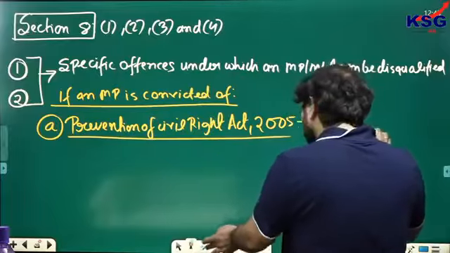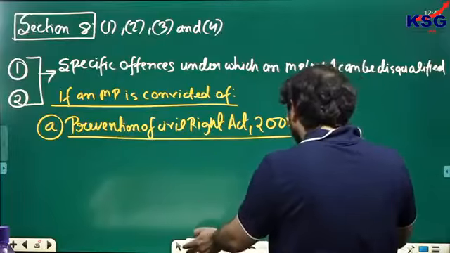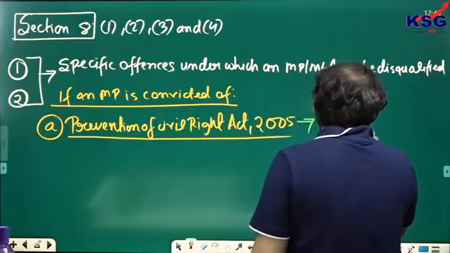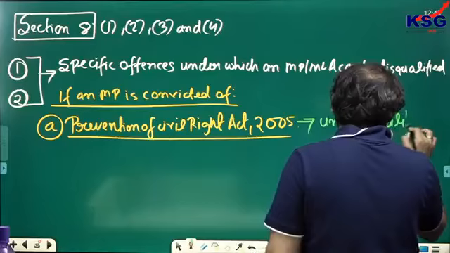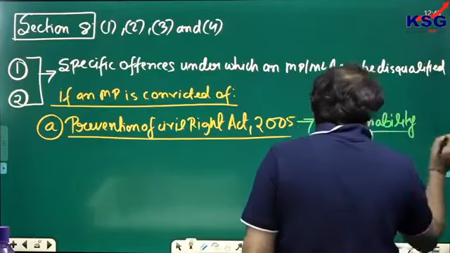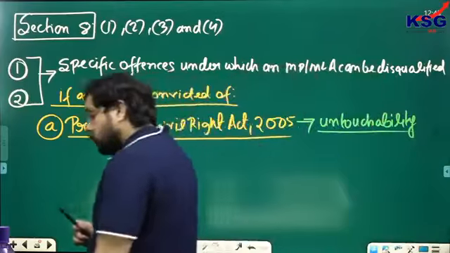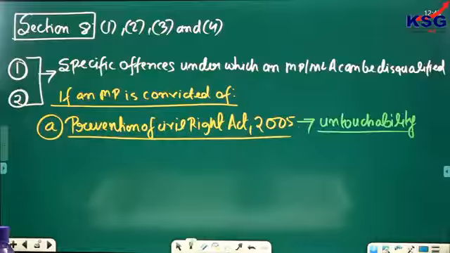So if a judge has given an order of conviction against a person who has been involved in untouchability, then that person can be declared to have been disqualified.